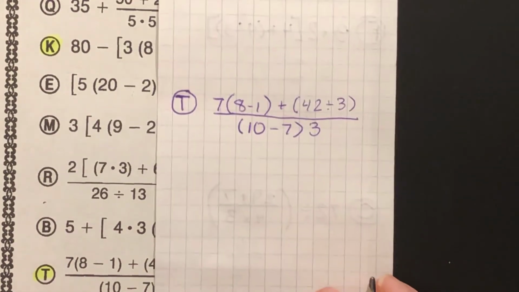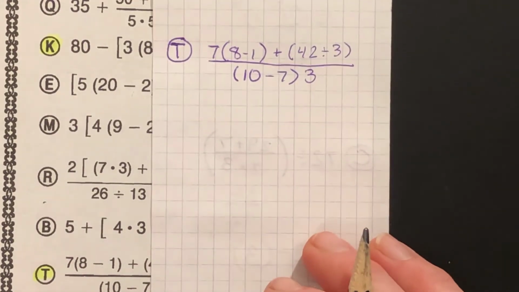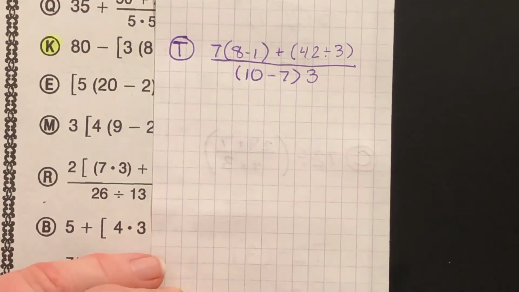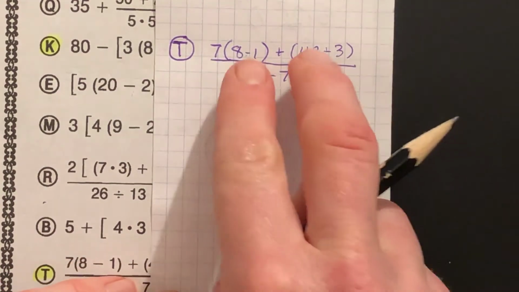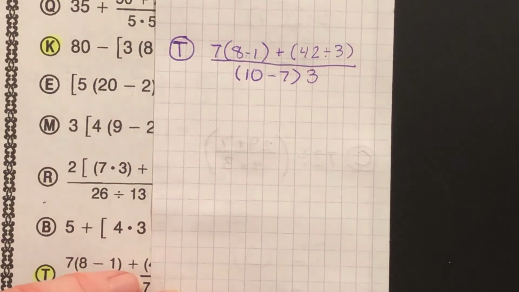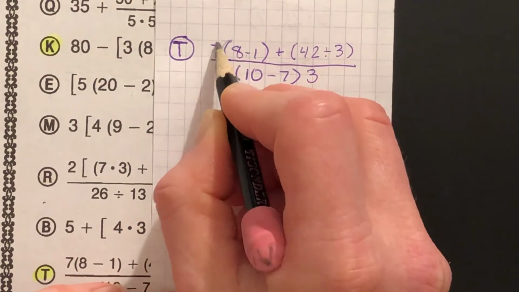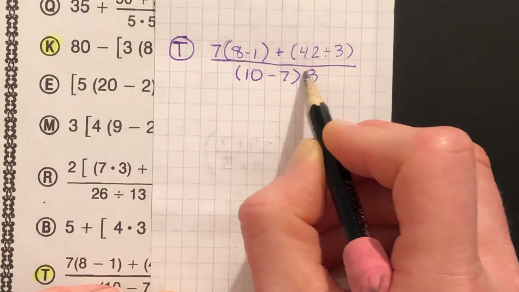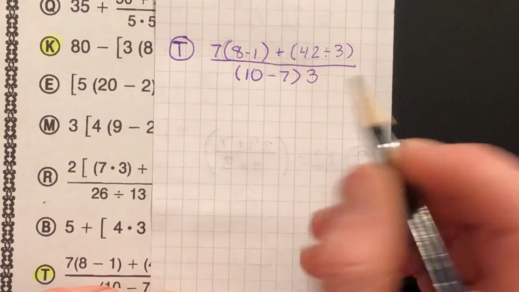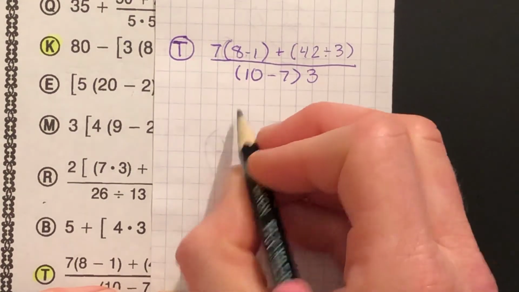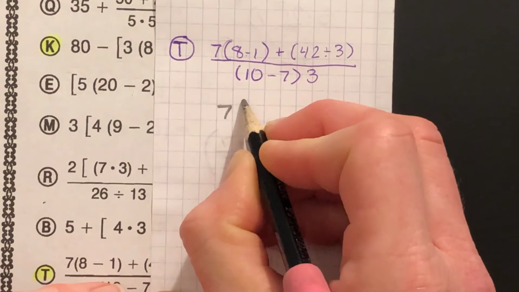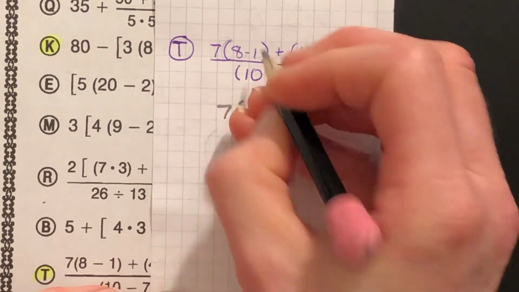And look at T. All right, so I've got a pair of grouping up here and some grouping down there. So this is multiplication. This is multiplication. There's no operation symbol. Let me do my grouping on top. 7 times 8 minus 1 is 7.